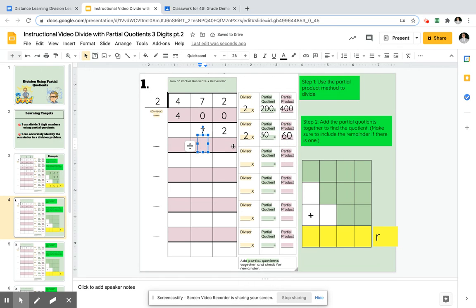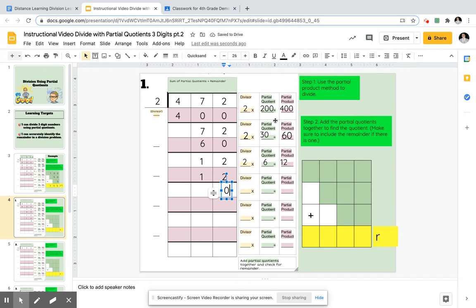I can plug in 60 here and subtract. Bring down my 2. 7 minus 6 is 1. Now I have 12. Okay, well, I know that 2 times 6 equals 12. So I can now plug in 12, subtract to get 0. I do not have a remainder.